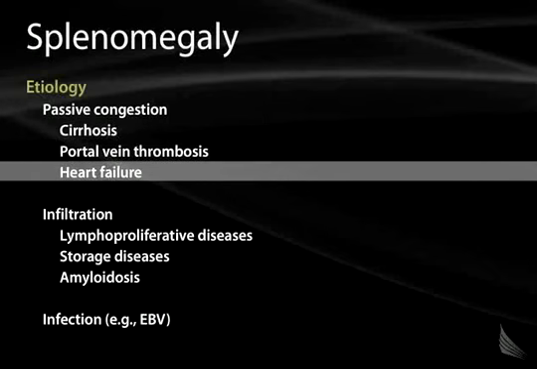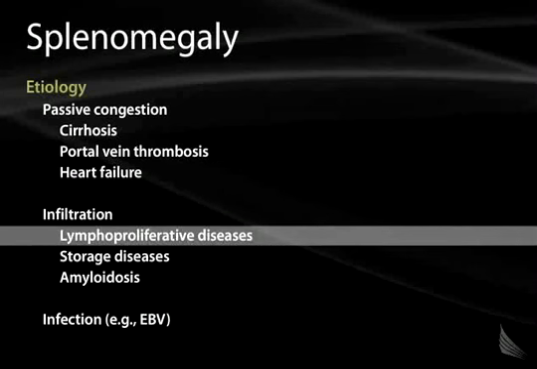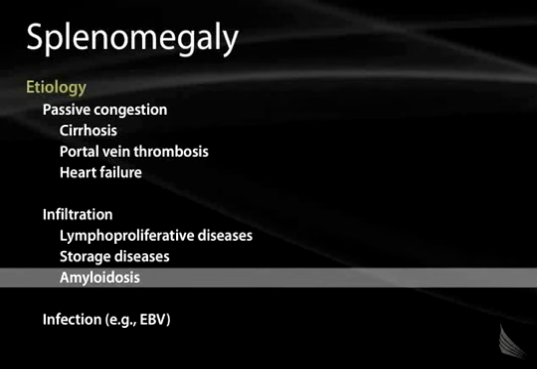Similarly, heart failure, where you'll have basically congestion of the entire venous return system, you can have splenomegaly from that as well. Or you can have infiltration with lymphoproliferative disorders, or storage diseases and amyloidosis can also manifest as splenomegaly.